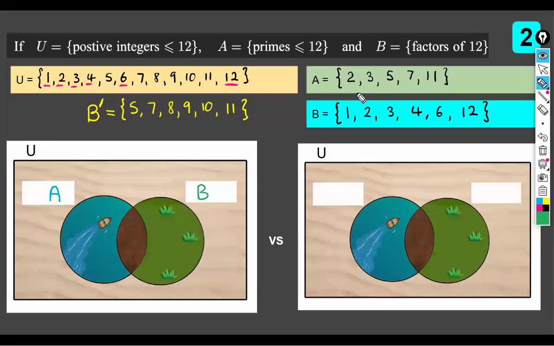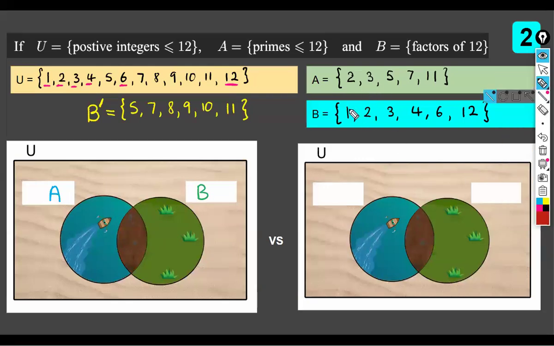What we need to do first of all, usually in Venn diagrams, sometimes there are things that are common or intersect. That's the mud region. So between A and B, what is common to A and B? We should always figure that out first.